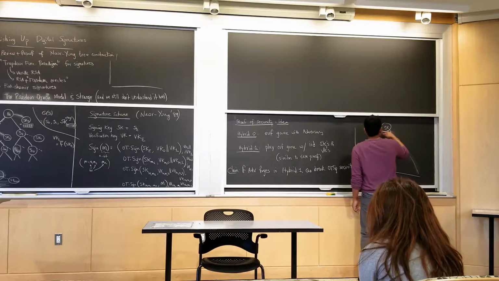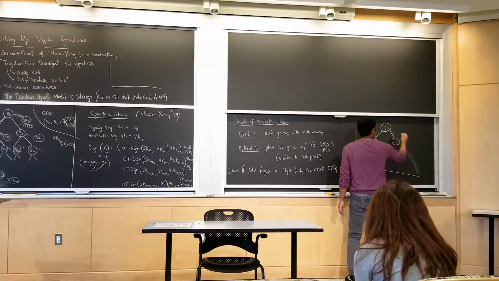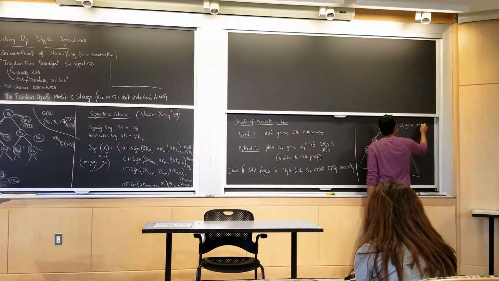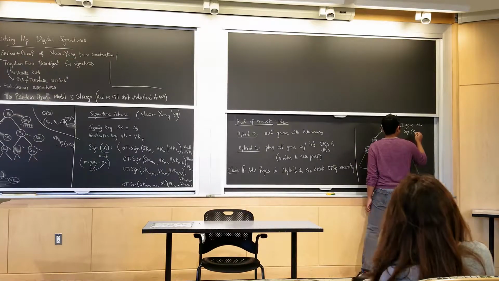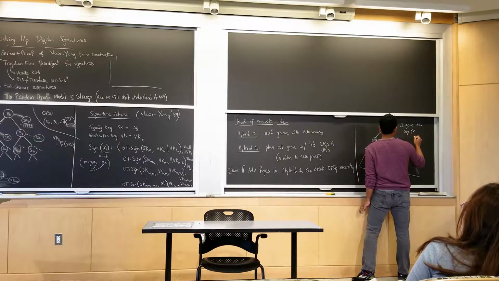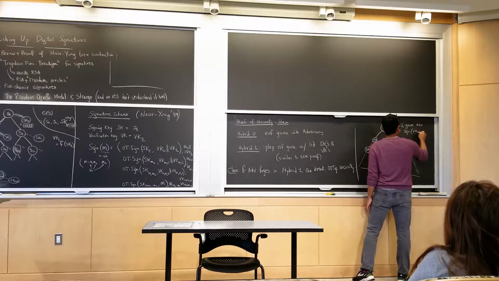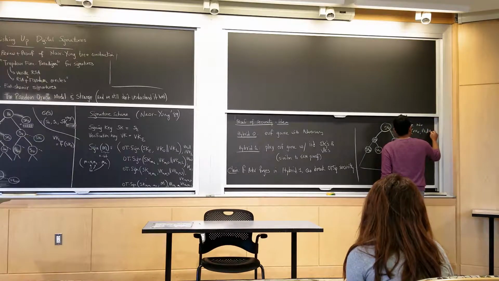So let's look at the first part of what I gave the adversary. I gave the adversary a signature under verification key epsilon of the pair verification key 0, verification key 1.